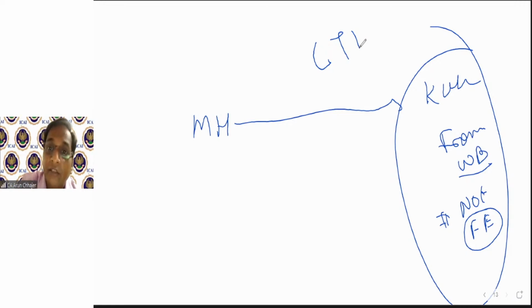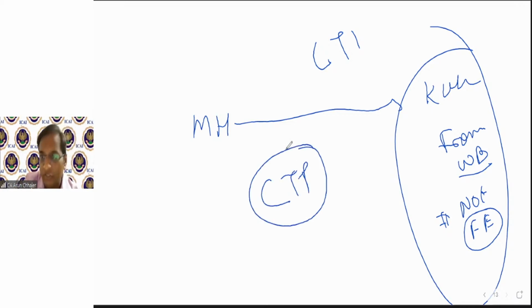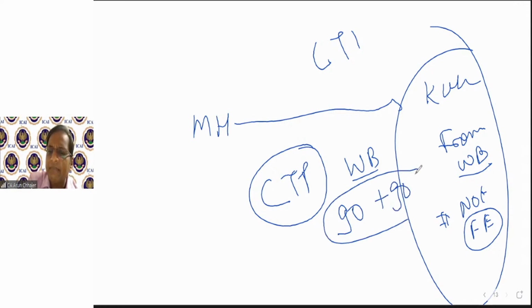They are saying, I need to take registration under the category of casual taxable person. मुझे कैजुअल टैक्सेबल पर्सन की कैटेगरी में रजिस्ट्रेशन लेना होगा. कहां पर? वेस्ट बंगाल में. It is valid initially for 90 days. It can be further extended maximum for 90 days.